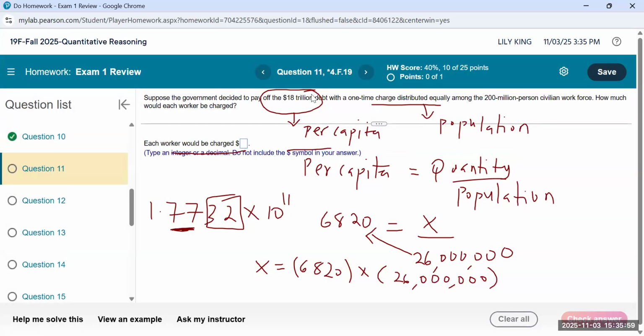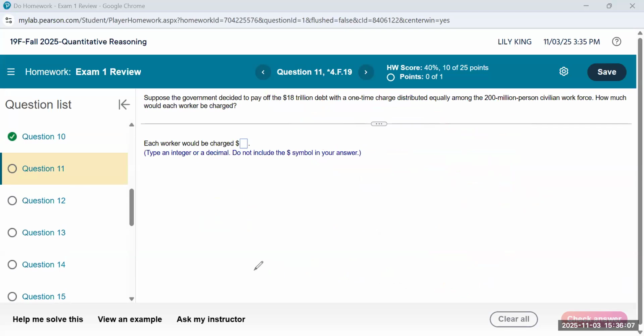All right, now moving on to question 11. For question 11, we need to find how much each worker will be charged. So if the government decided to pay the 18 trillion debt with a one-time charge distributed equally among the 200 million persons, this is finding the per capita or per person. So to find out how much each worker will be charged, we have to divide the debt, which is the 18 trillion. So trillion, we are adding 12 zeros.